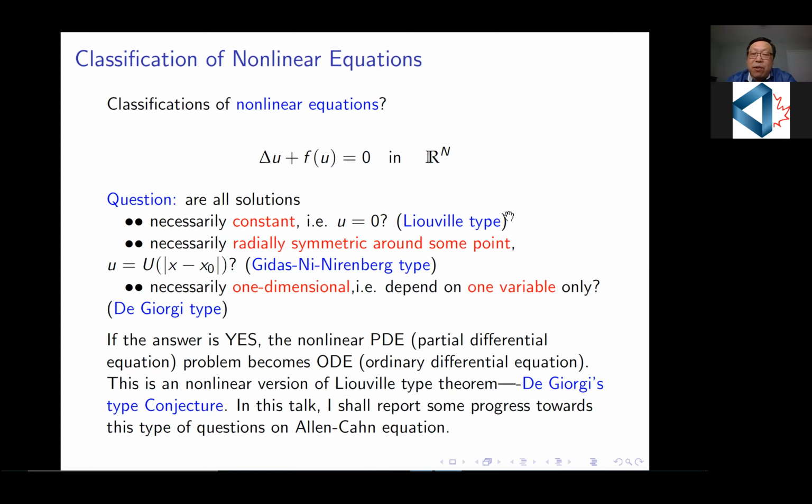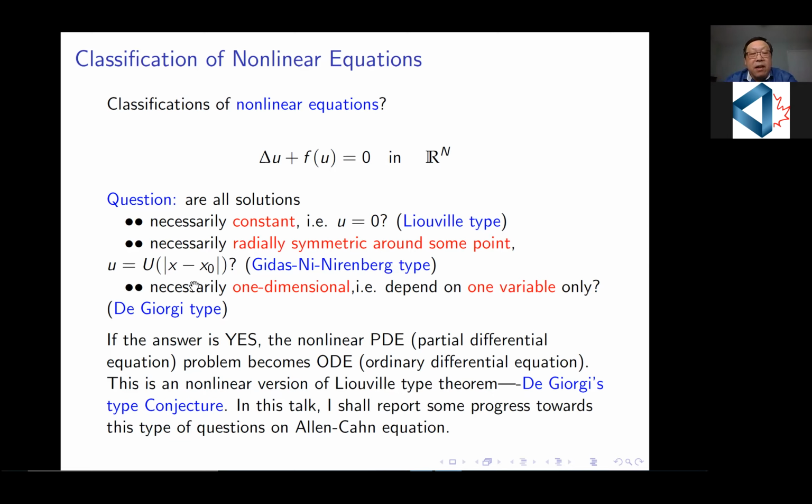These we call the Liouville type theorems. Another question is, are all solutions radially symmetric? This is called Gidas-Ni-Nirenberg type theorems. Gidas-Ni-Nirenberg in 1978 proved that in a large class, the solutions are radially symmetric.